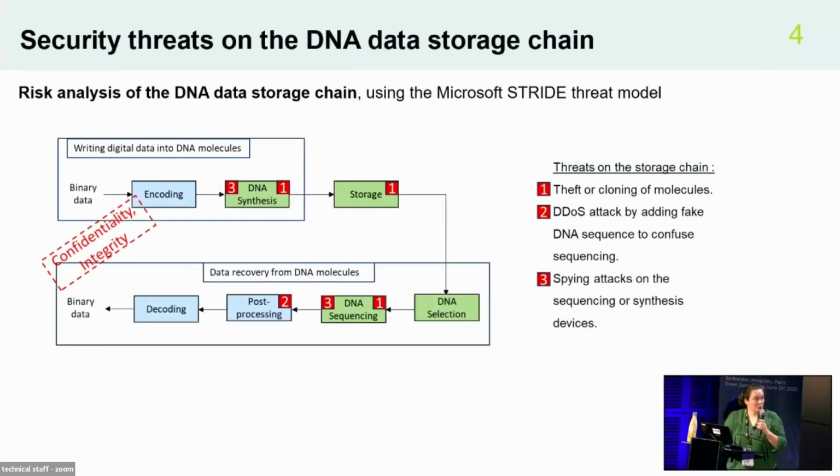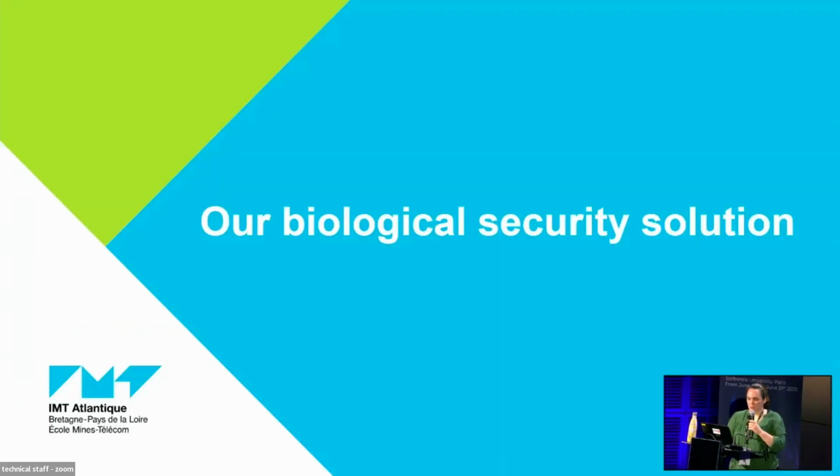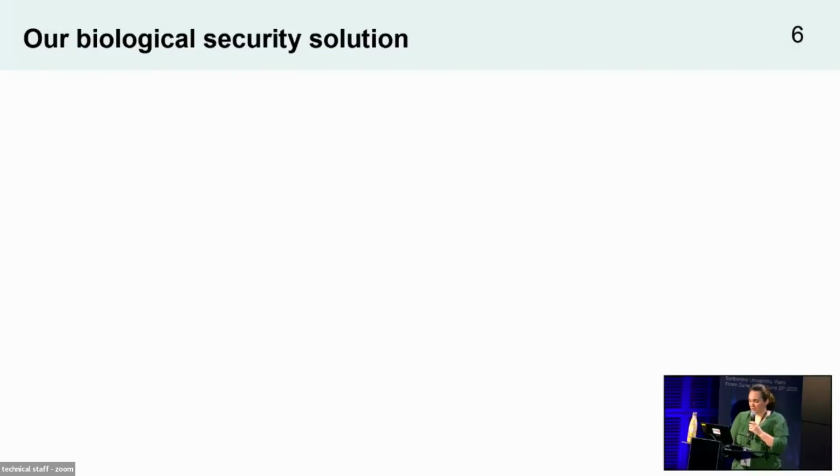As I've said, during the risk analysis, there are threats at all steps, particularly concerning confidentiality. So our challenge has been to ensure the long-term confidentiality of data stored in DNA molecules. And to do so, I will present our biological security solution.